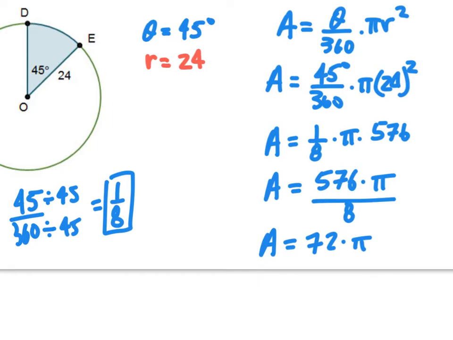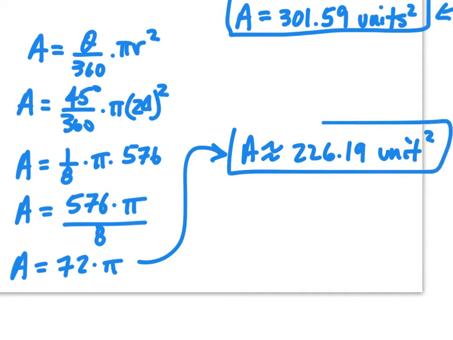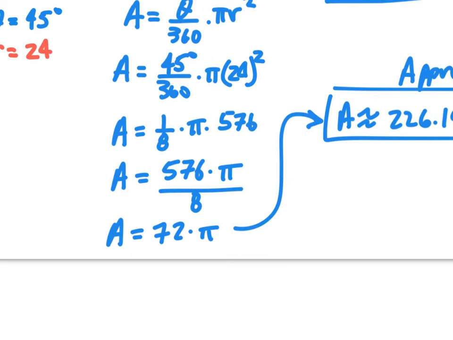So my area is going to be approximately 226.19, and that's units squared. All right, so this is my approximate, and this is my exact, units squared.